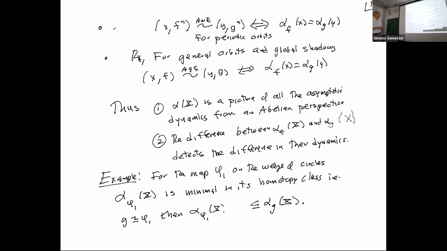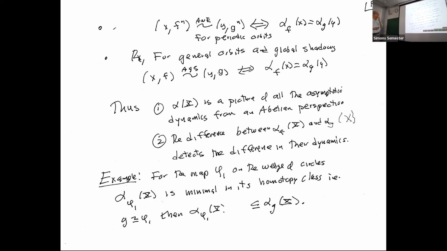So points globally shadow in the universal abelian cover if and only if the image of the Franks map is the same. So what this tells us is that alpha of x is some measure or picture, just like the rotation set, but now it's not isotopic to the identity, but it's a picture of all the asymptotic dynamics from an abelian perspective.